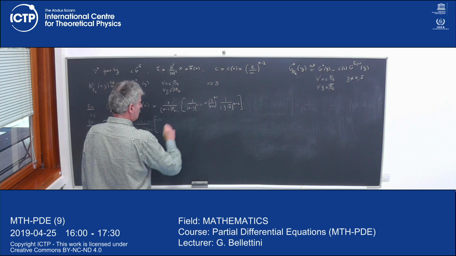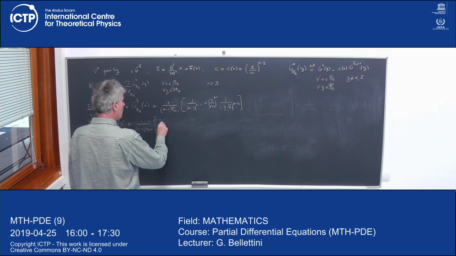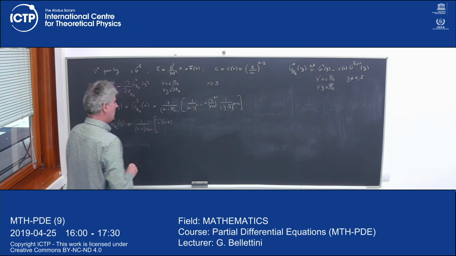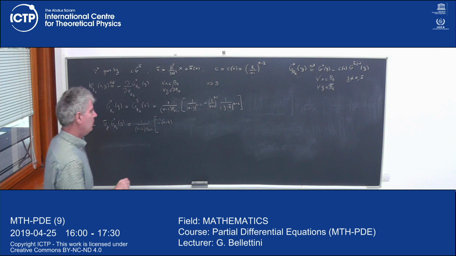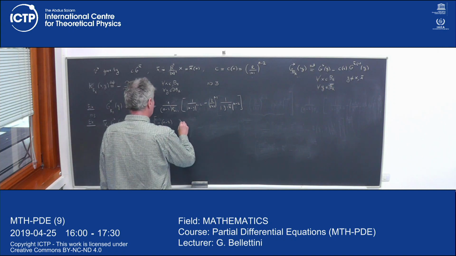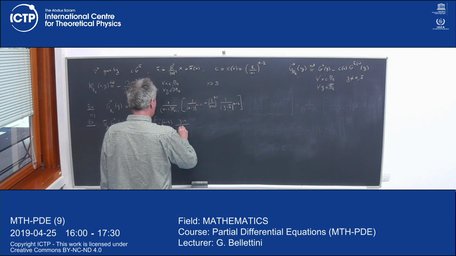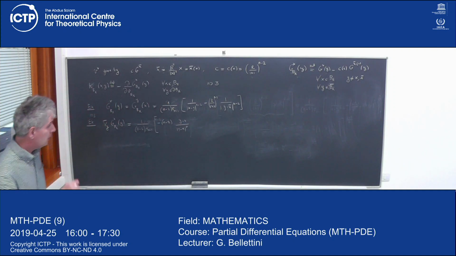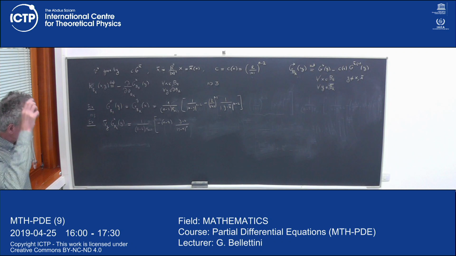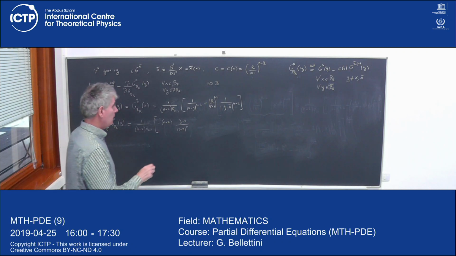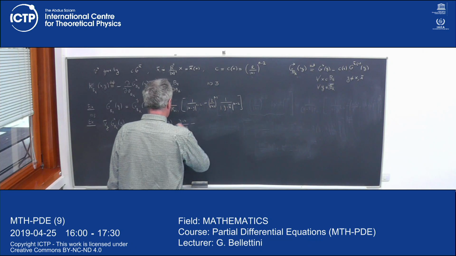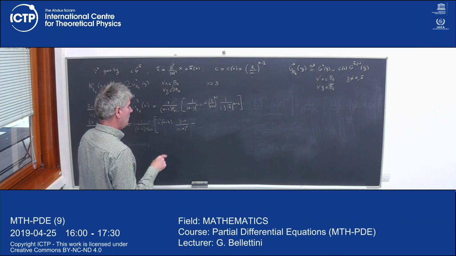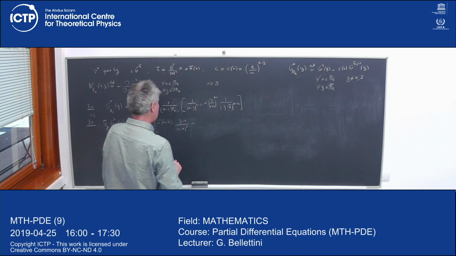Then what do we have here? So this is 2 minus n. Then what do we have? y minus x divided by y minus x to the n. Hope it's correct. And then, y minus x bar.